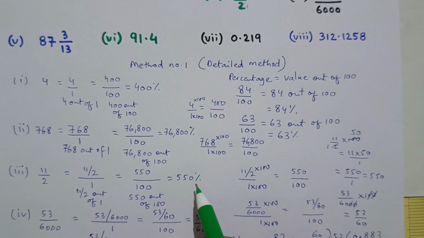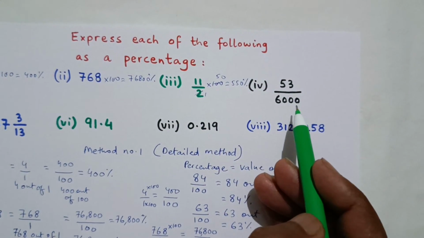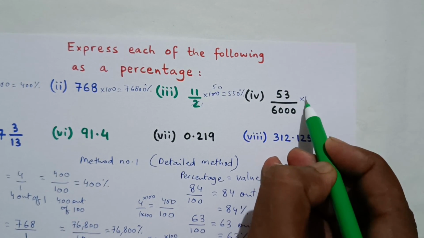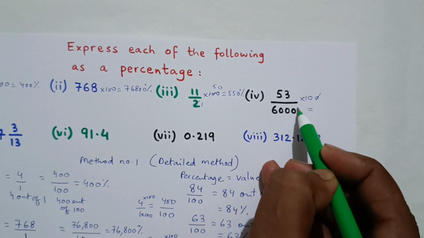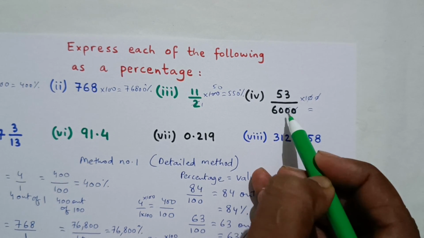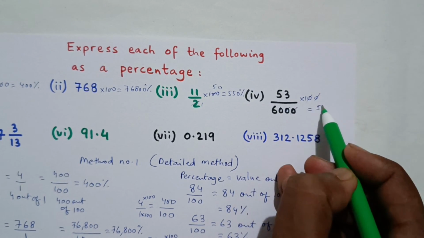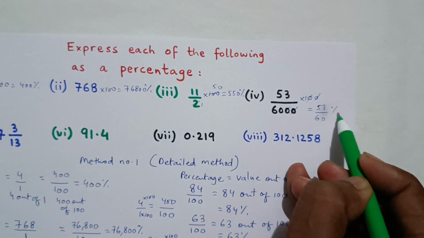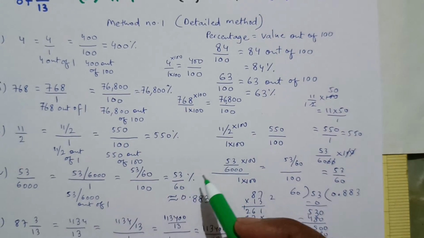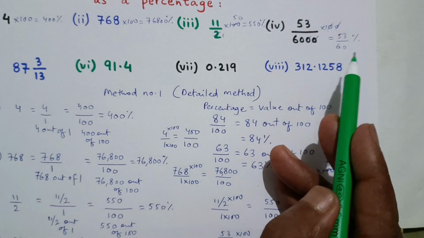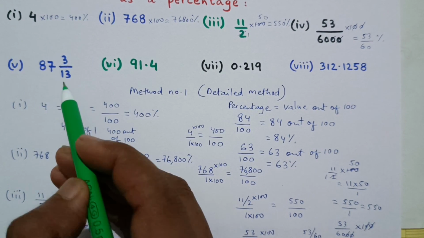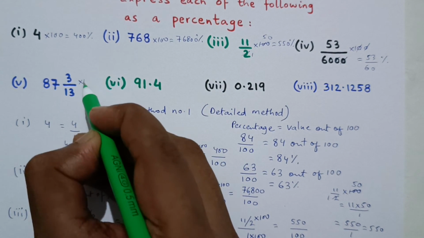Similarly, 53 by 6000, multiply it by 100, 0 will cancel with 0, 0 will cancel with 0, 53 by 60. So 53 by 60 percentage. Later I converted this into decimal form also, but this is also an answer.